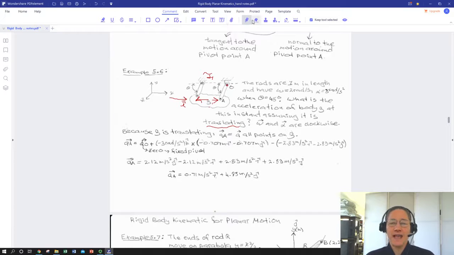And this is actually dabbling somewhat into a relative reference frames, relative motion kind of argument. We've actually got a couple rigid bodies here. We've got body B that we're looking for an expression for acceleration of B, and because it's translating, all we need to do is find the acceleration of any one point on it. Every other point will be following in lockstep. Definition of rigid body, definition of translational motion.